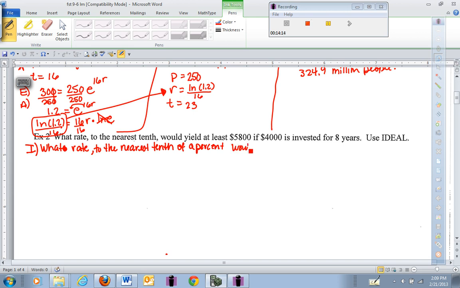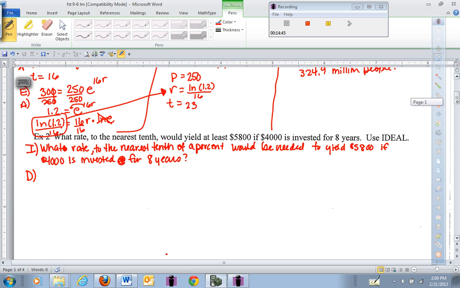Would be needed to yield $5,800 if $4,000 is invested at, 8 years. Okay?